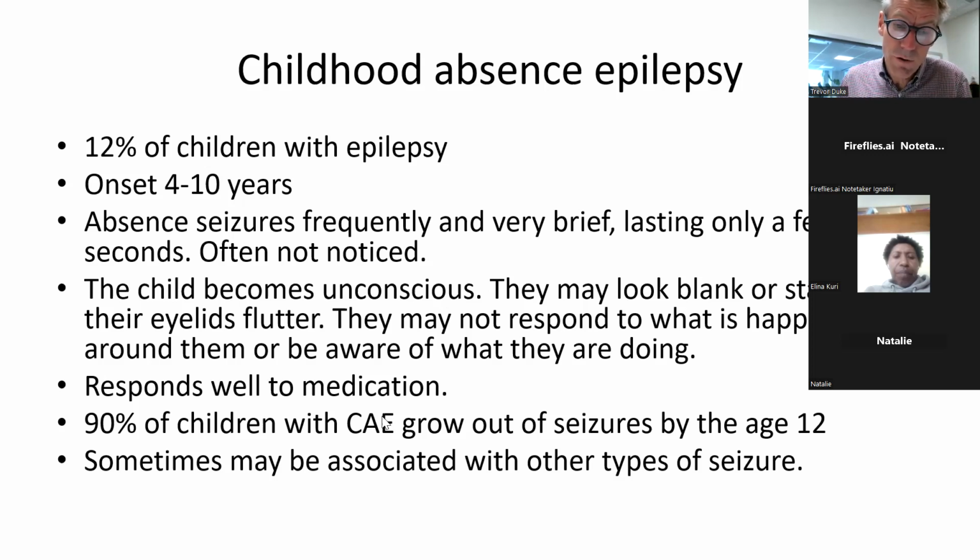Most of these children will grow out of childhood absence epilepsy by 12 years of age. Sometimes children with absence seizures can have other more generalized convulsive seizures, and that's how it becomes recognized, because they're recognized as having a generalized seizure, and then someone says, well, they've been doing poorly in school and they've been blanking out at various times of the day, and you start to think, well, maybe they're having absence seizures.